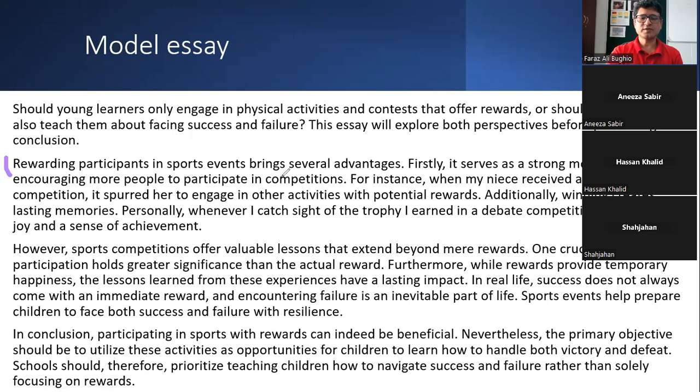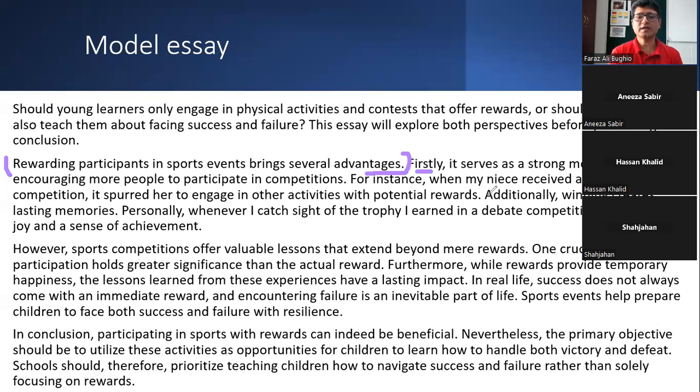Participating in sports events brings several advantages, right? So just participating, I'm talking about. First, it serves as a strong motivator, encouraging more people to participate in competition. For instance, my niece received a prize in a running competition. It spurred her to engage in other activities with potential rewards. Additionally, winning creates a lasting memory.